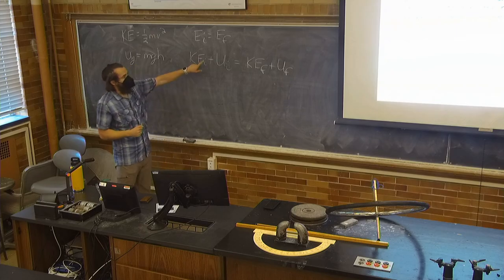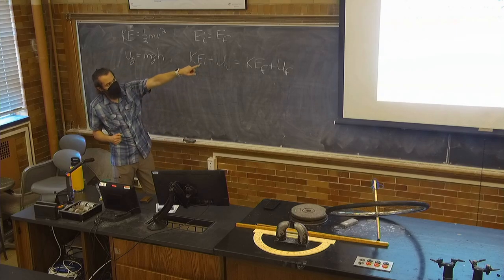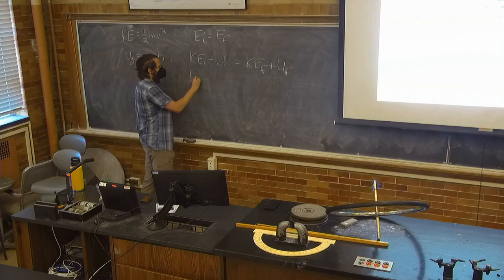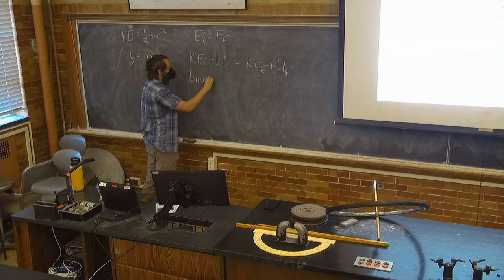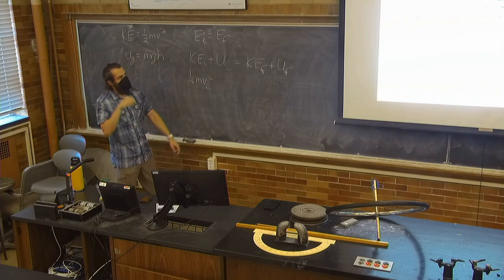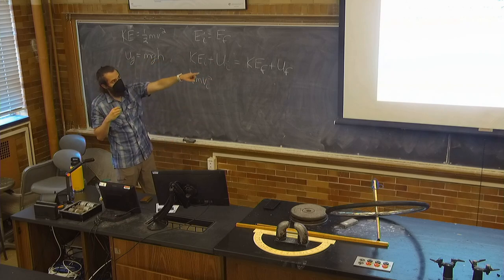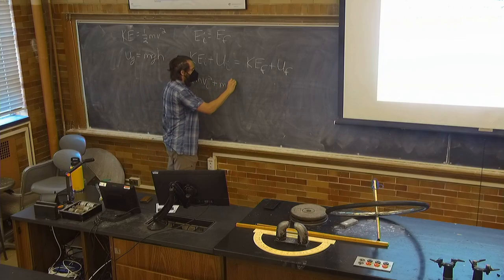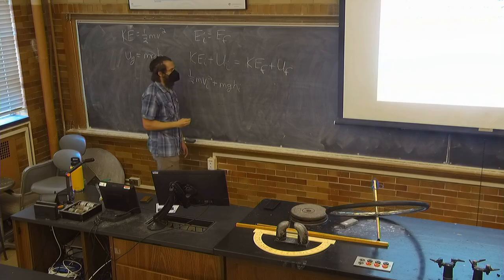The initial kinetic energy: they told us we're throwing it down at 10 meters per second, so there is some initial kinetic energy. We're starting at a height of 20 meters above the ground, so there is some initial potential energy.